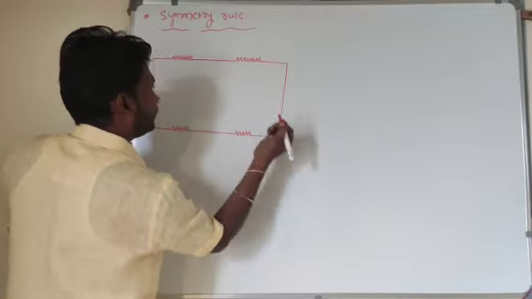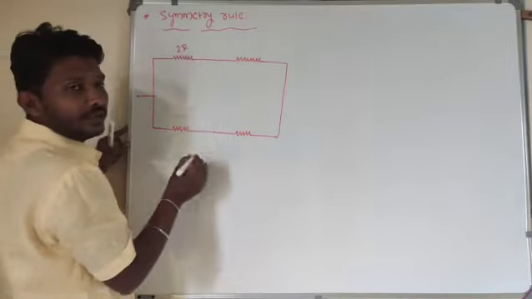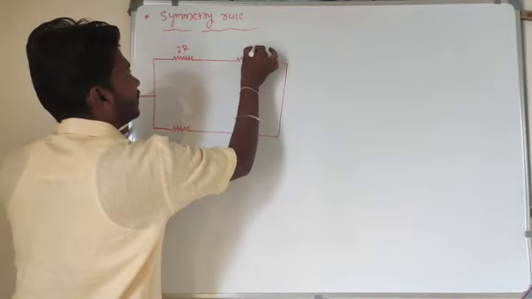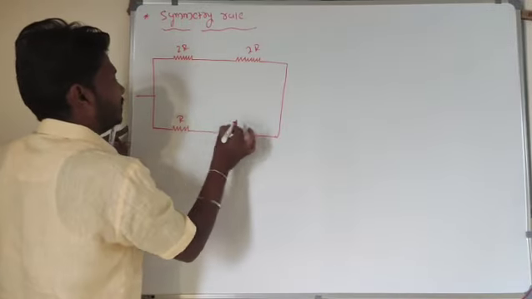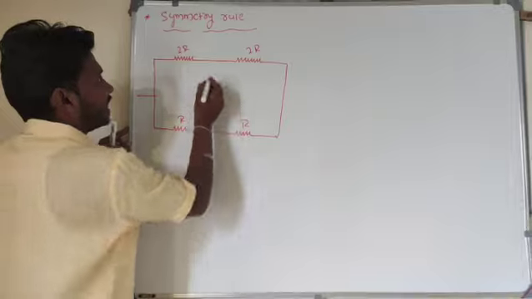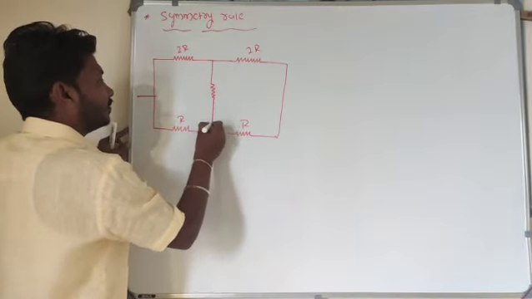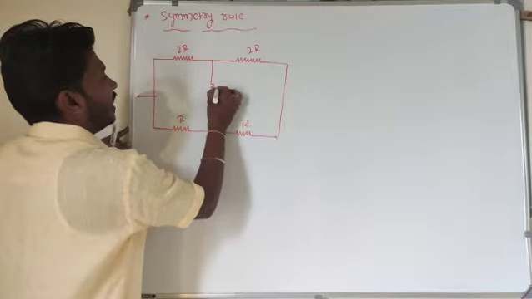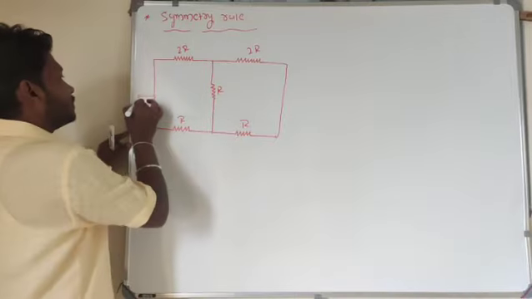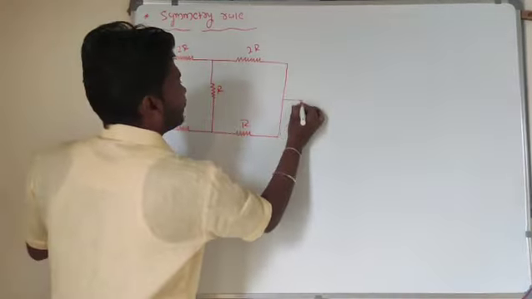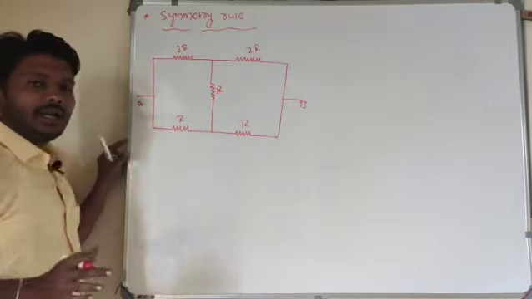The value of the resistance of this resistor is 2R, this is also 2R, this one is R and this one is R, and here one more resistance I will place and its value is R. Find the equivalent resistance between the points A and B.